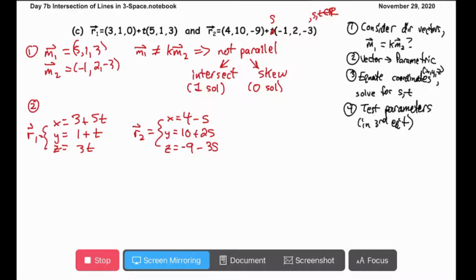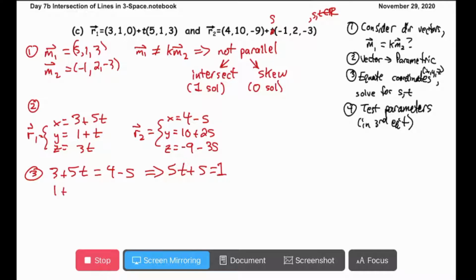Now that we know our parametric equations, step 3, we're going to equate them. So I'm going to set my x, y, and z components equal to each other and rearrange them a little bit. So we're going to have 3 plus 5t equals 4 minus s, which is going to give us 5t plus s equals 1.